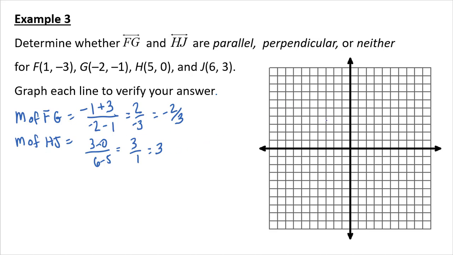So let's plot those so we can see. I have a 1 and negative 3 for point F. I'm going to label it just so I know what it is. Negative 2, negative 1. Normally I would want you to have a straight edge, but I don't have one on here, so I'm going to try and graph that as best I can.